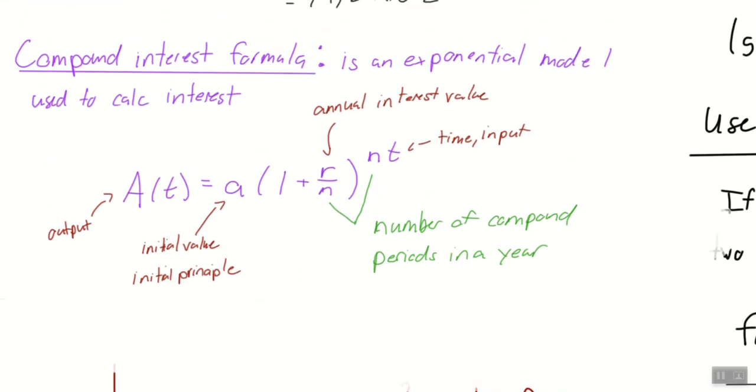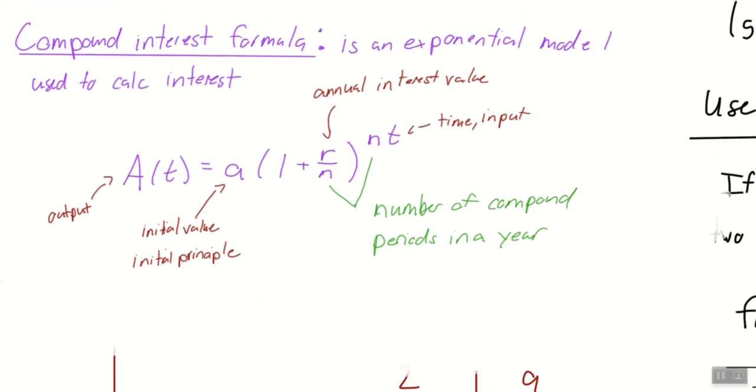Keep going up? Okay, I'll give you a second. Okay, taking Sunny's problem above, I want you guys to find the amount. How many years did we do? 3 years?